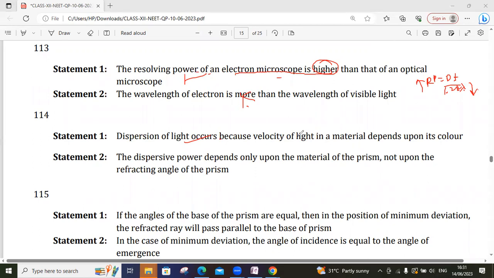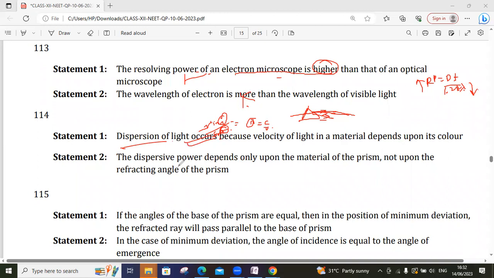If velocity depends on color, then refractive index, which is C by V, also depends on color. Then sin i by sin r is equal to n. For the same i, different colors have different n's, so there will be different r. So they get bent by different amounts, and because of that there is splitting of color. That is called dispersion.